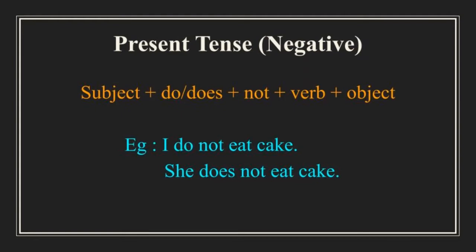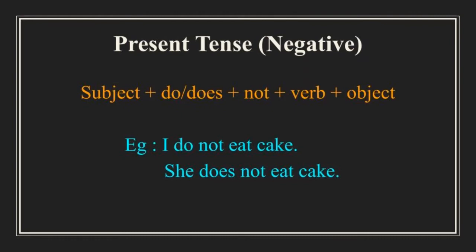She does not eat cake. She is the third person singular. I already said that for third person singular we should use does for negative sentences. She does not eat cake. Subject, does plus not, verb as eat, and then object as cake.